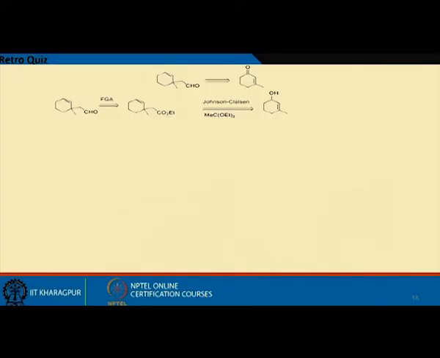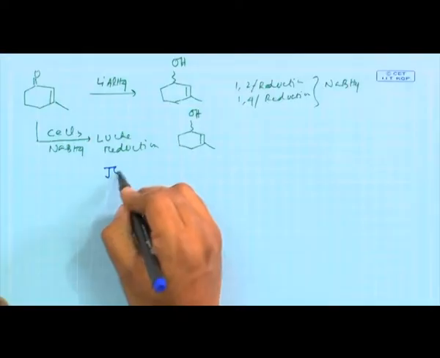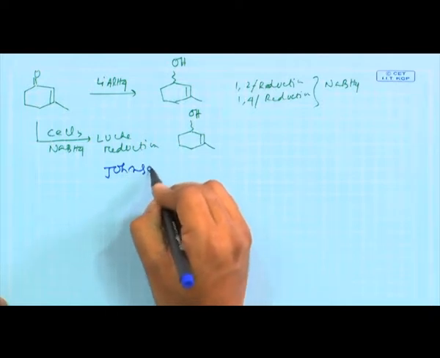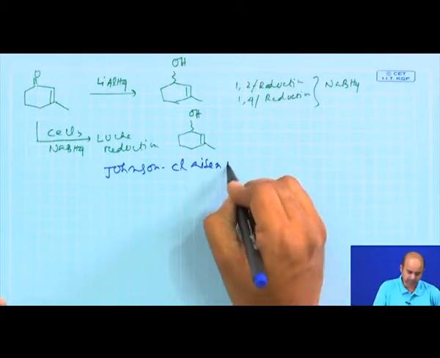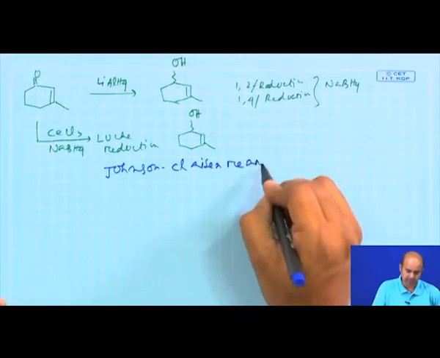Once this Luche reduction was done, we need to do a Johnson Claisen rearrangement. Now, what is the Johnson Claisen rearrangement? It is a very important transformation, basically a 3,3 sigmatropic rearrangement.